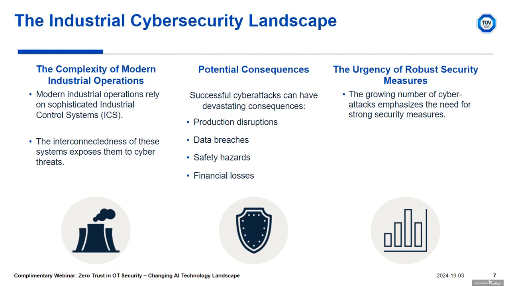So let me start with the industrial cybersecurity landscape. What is the industrial cybersecurity landscape? Imagine a world with a single functional traffic light, potentially impacted by cybersecurity in today's complex industrial systems. What can go far beyond our imagination?